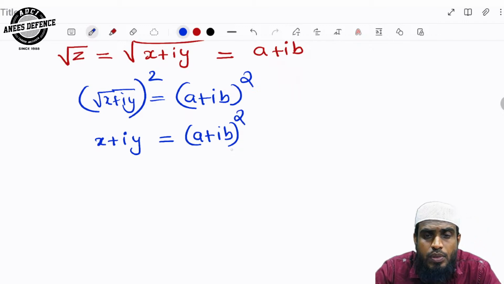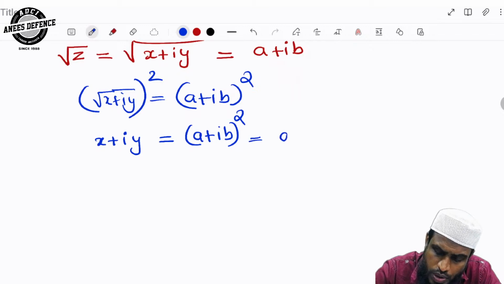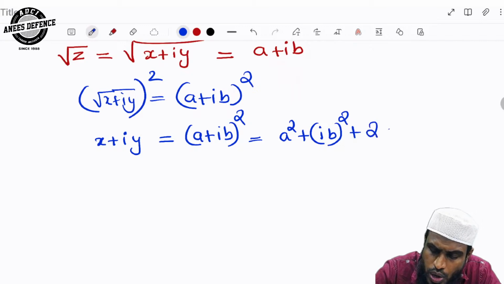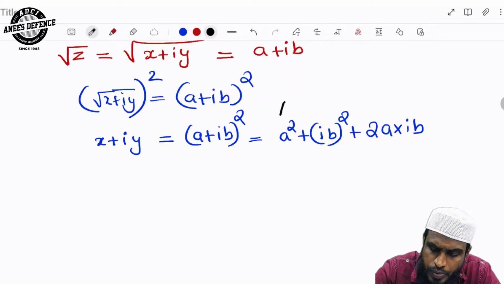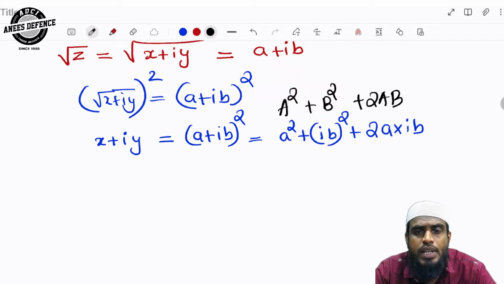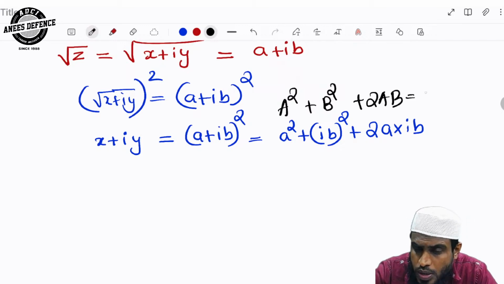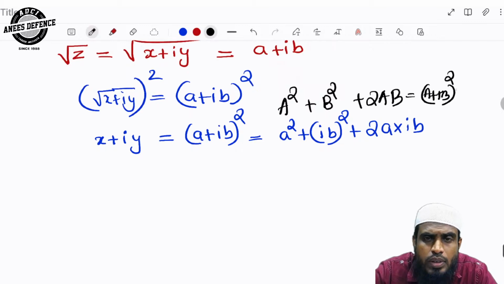Here you can apply the algebraic identity a plus b the whole square. So a square plus b square, here ib is our b, so b square plus 2a into ib. This should be the identity you have to use, which is equal to a plus b the whole square.